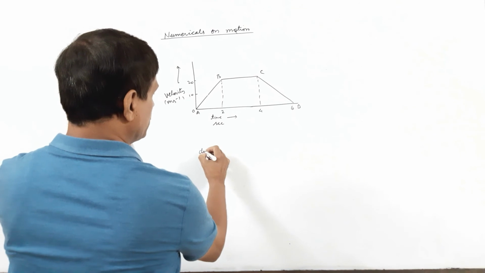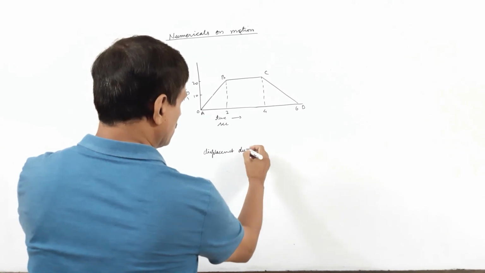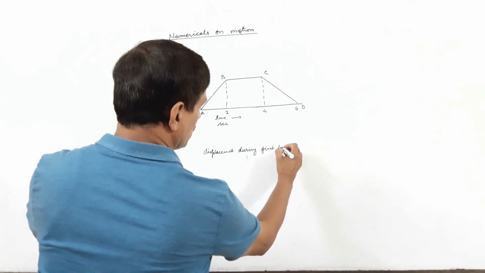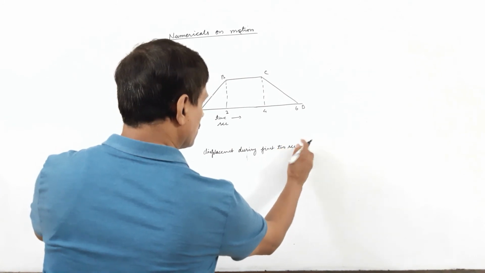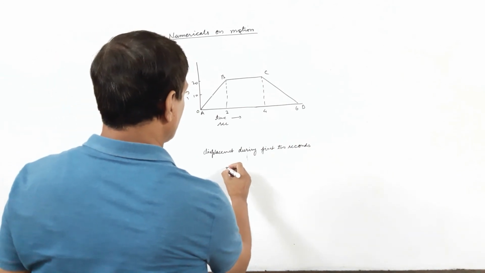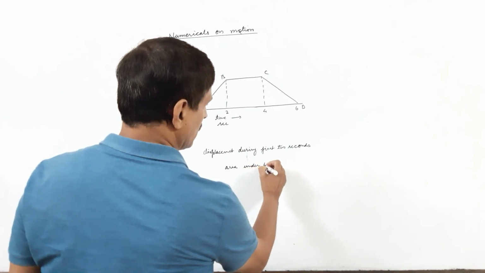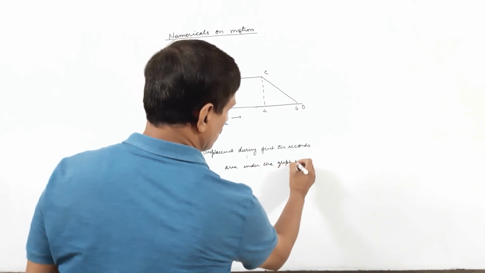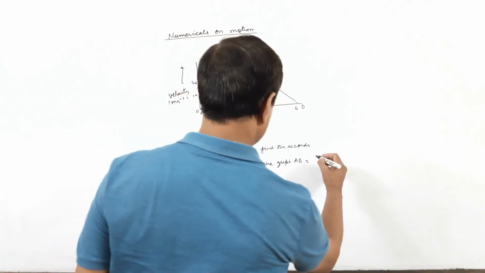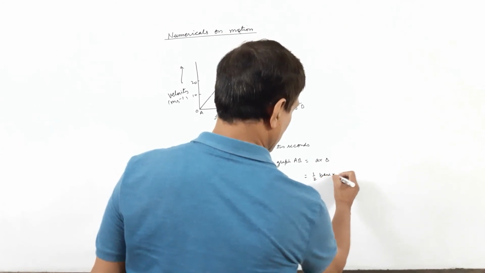So, displacement during first 2 seconds is the area under the graph AB, that is equal to the area of the triangle, that is half base into height.